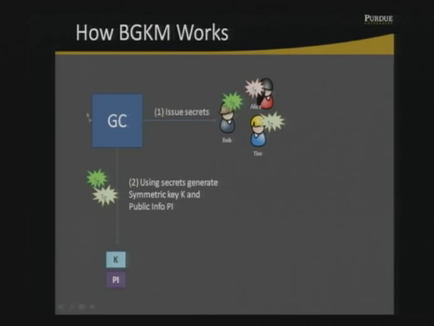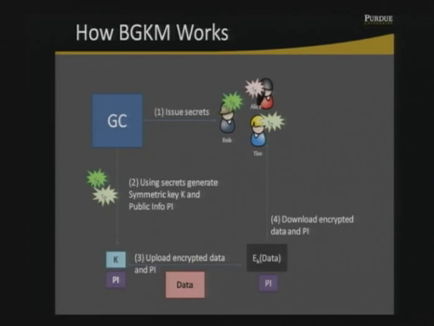So the group controller creates public information that hides these secrets and the symmetric key inside it. Then it uses this symmetric key to encrypt the data and publishes it, maybe uploading it to a public website. Now any user can download this encrypted document and the public information.